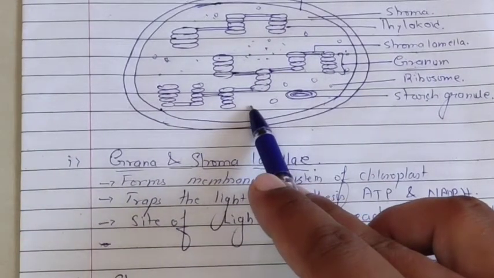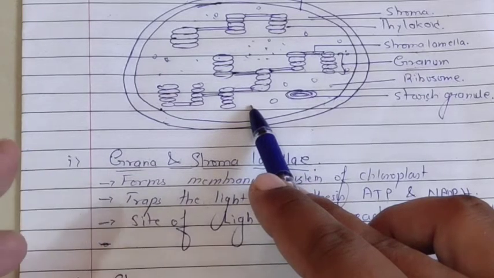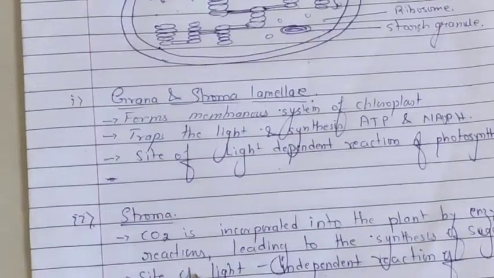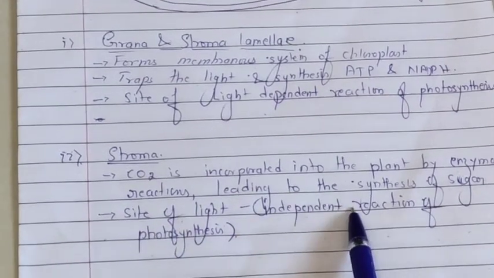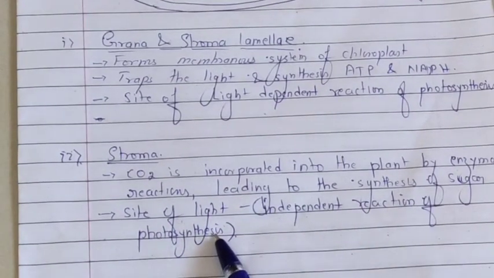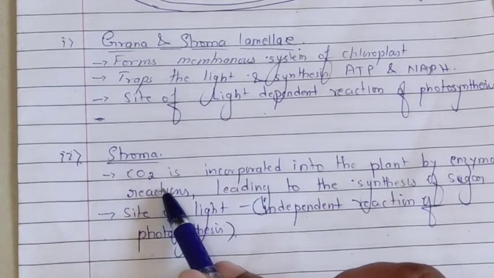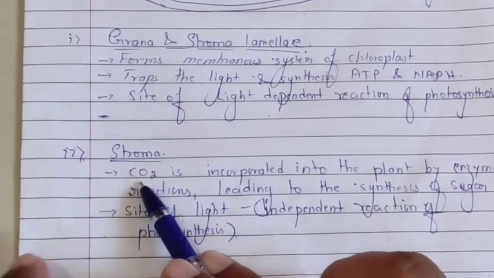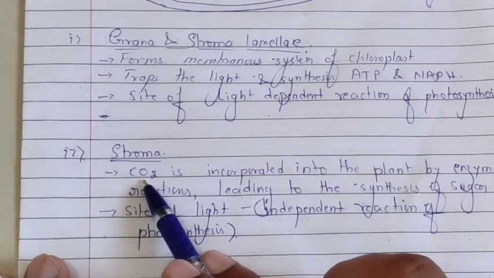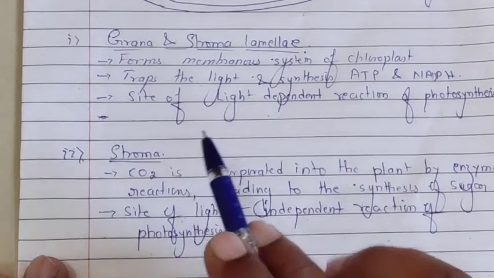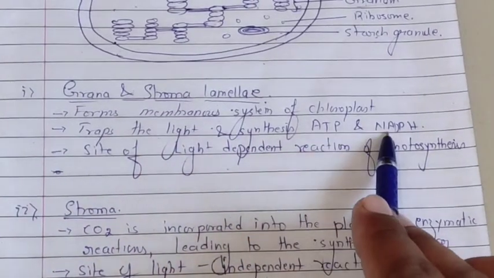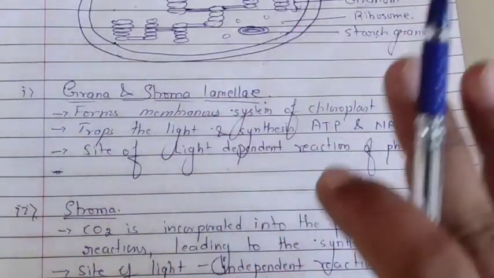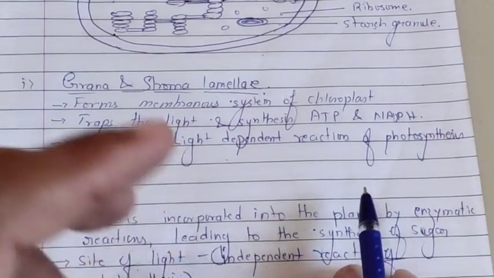The reaction through which the sugar is produced does not require light, so hence it becomes the site of the light independent reaction of photosynthesis. To fix the carbon dioxide, it does not require light, but later on we will come to know that it requires the products of the light dependent reaction, that is ATP and NADPH. So basically these two structures are very important in order to understand photosynthesis.